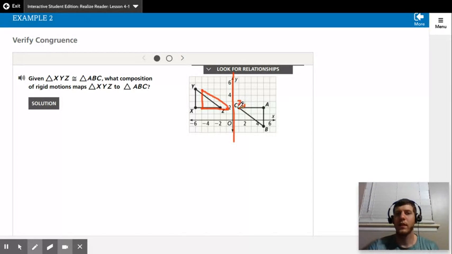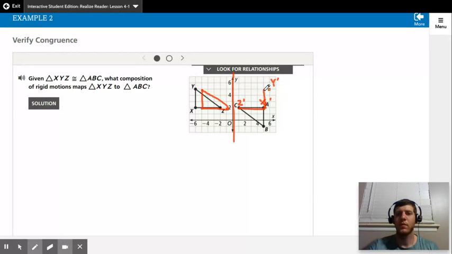We'd end up with X prime right here. I'm sorry, Z prime. I'm not sure why I put a Z sub 1 there. So that'd be a reflection over the y-axis. And then this one would be at -5, so this one would be at 5 here. So this would be Y prime.